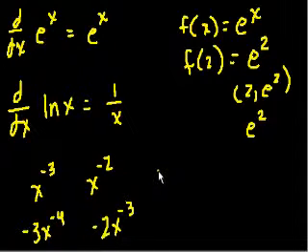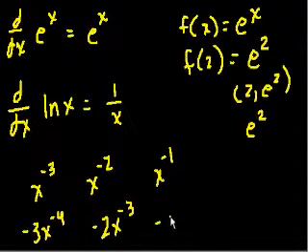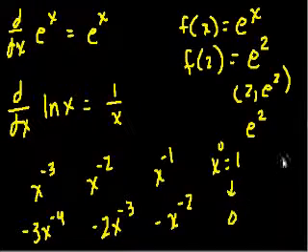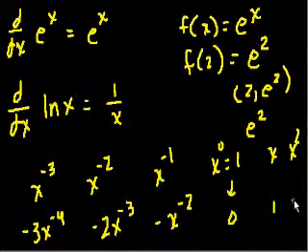The derivative of x to the minus 1 is minus 1 x to the minus 2. The derivative of x to the 0, well, this is just 1, so the derivative is 0. The derivative of x is 1. The derivative of x squared is 2x, and so on.